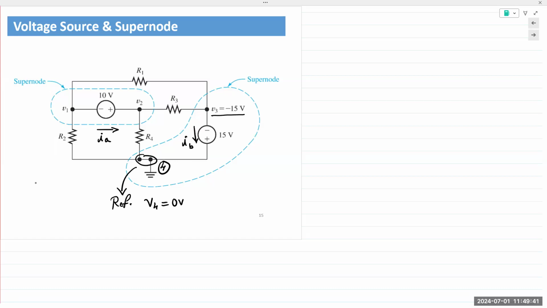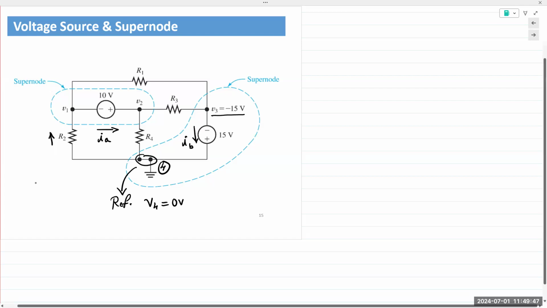So what do we do about IA? Well, what you're going to do is write KCL at both ends of the other voltage source.